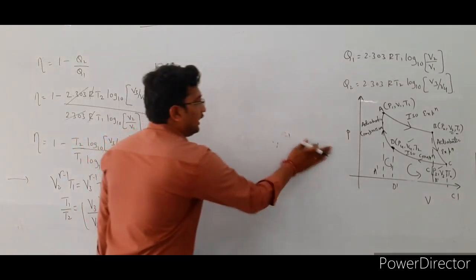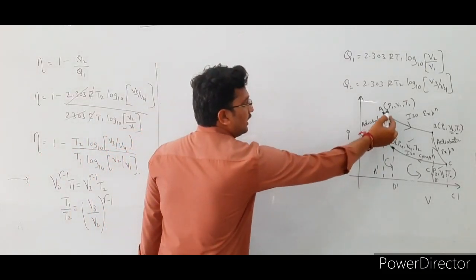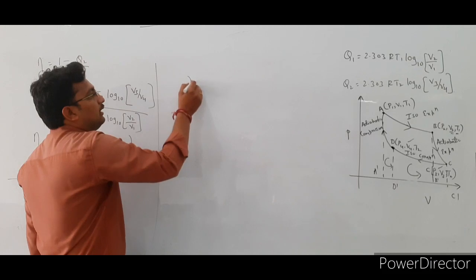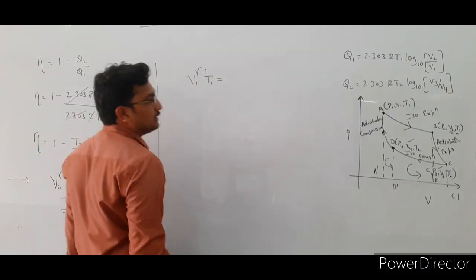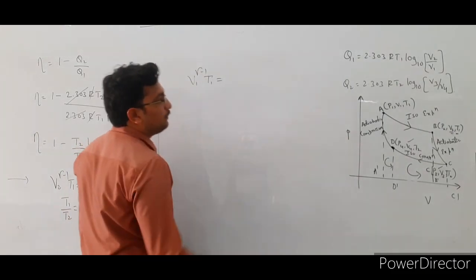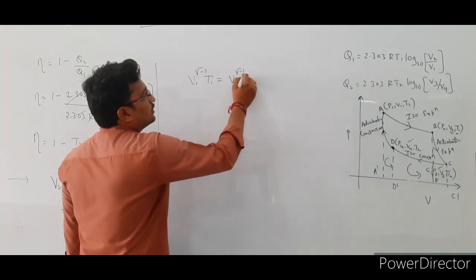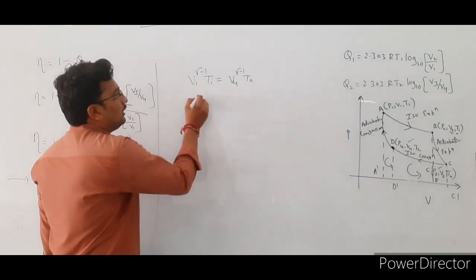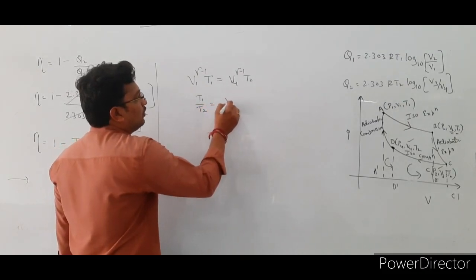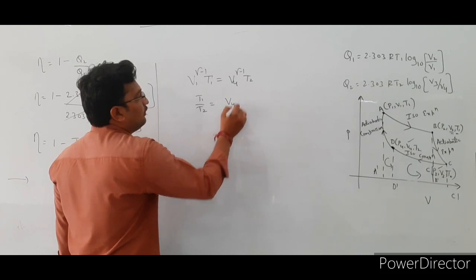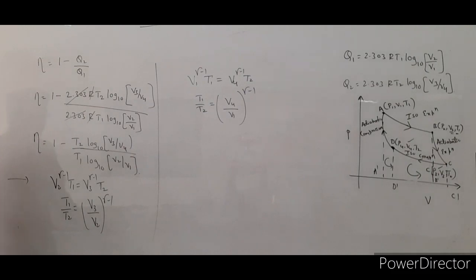Similarly, in adiabatic compression, we apply the same relation at point A and at point D. Here at point A, the volume is V1 to the power gamma minus 1, T1, that is equal to, at point D, volume V4 to the power gamma minus 1, T2. So from this one, T1 by T2 is equal to V4 divided by V1 to the power gamma minus 1.